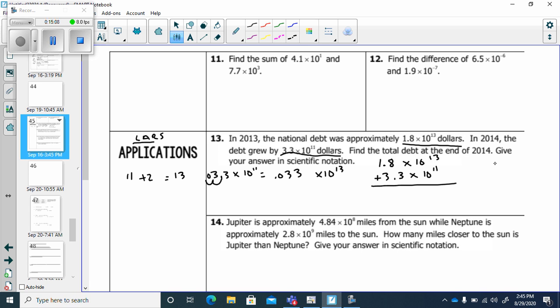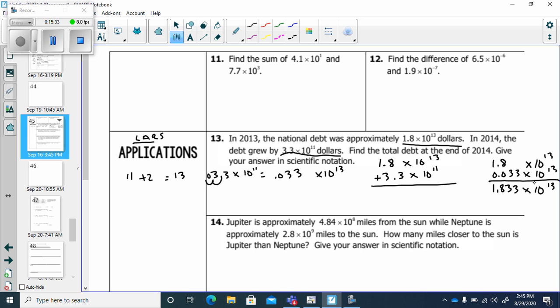Okay, so now let's add this. 1.8 times 10 to the 13th. See, I left myself plenty of room to put this other in. And 0.033 times 10 to the 13th. I would add these, and I would get 1.833 times 10 to the 13th. Notice you just simply keep the exponent you've got here.